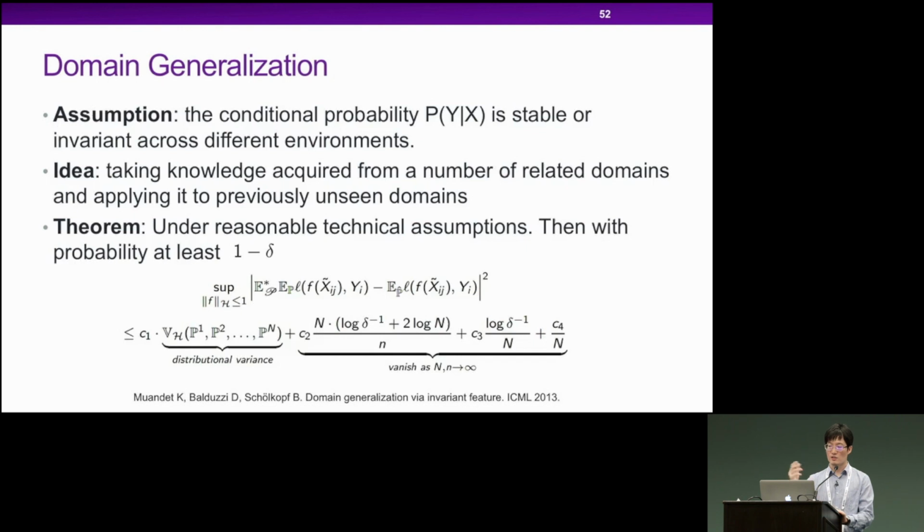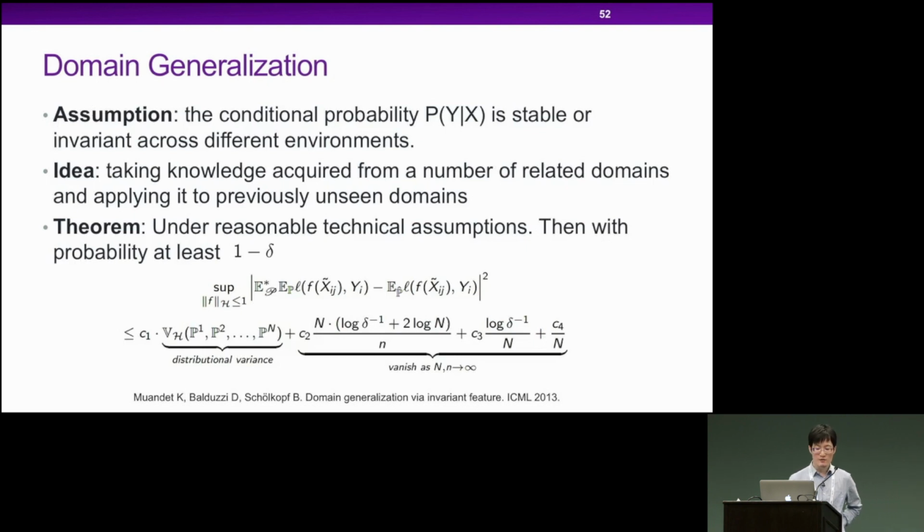But if the distribution change goes beyond the known distributions, then they cannot solve this kind of problem. That means they can do interpolation, but they cannot do extrapolation, right? So that's the domain generalization method.